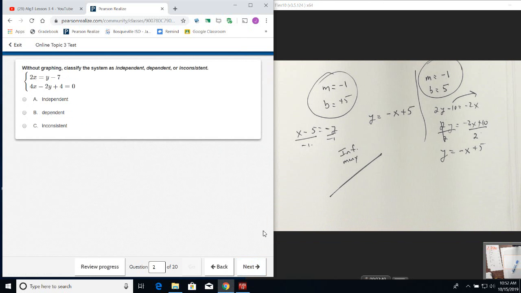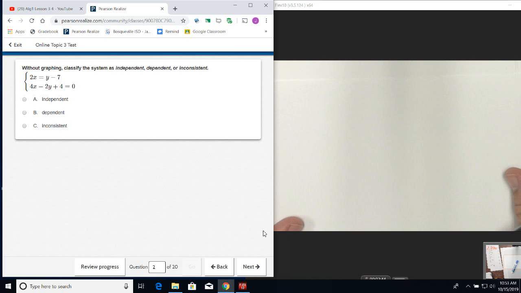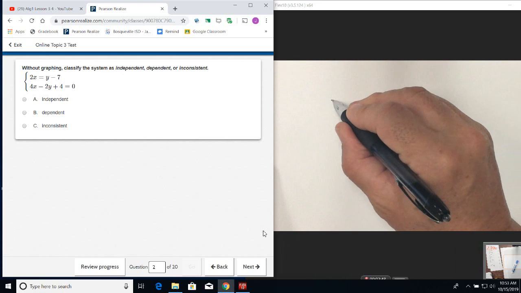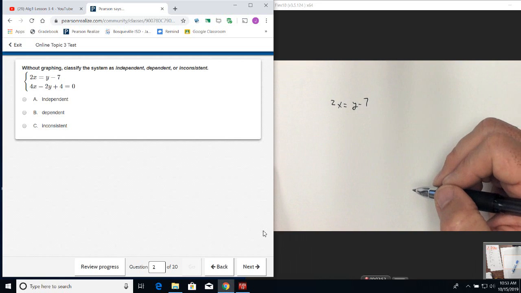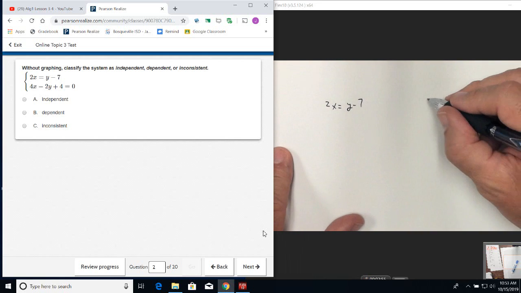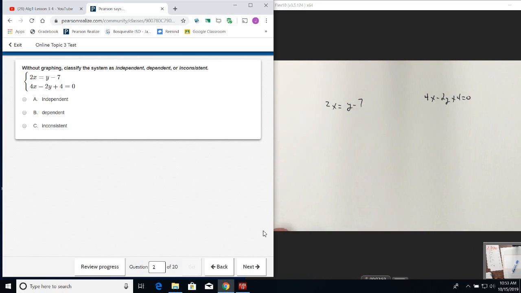Alright, so let's go to the next question. Without graphing, classify the system as independent, dependent, or inconsistent. Once again, I just got to figure out the y-intercept and the slopes of each. So my first equation is 2x is equal to y minus 7. And then my second equation over here is 4x minus 2y plus 4 is equal to 0.